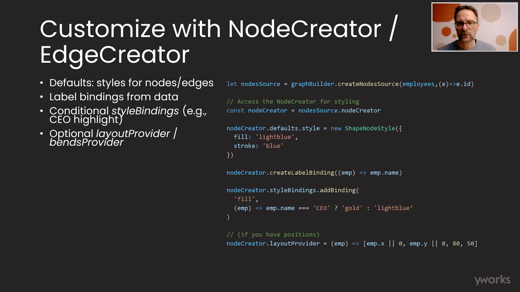What's also helpful is data binding. When you create these node sources, you get back an object which has this property called node creator. For the node creator, you can specify what style to use. This means that if you have different node sources, for example, different arrays, one with the employees and one with the buildings or teams, you can always use the same pattern.